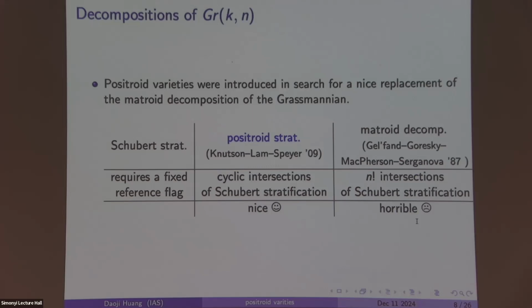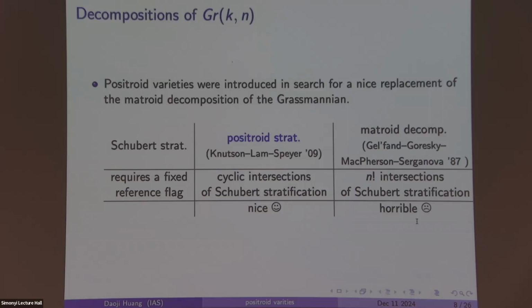The middle ground, which defines the positroid varieties, is in between. Instead of taking all n factorial permutations of your standard flag, I take the cyclic permutations, so I take the cyclic intersections. Now instead of intersecting n factorial different stratifications, I intersect n of them. It turns out that these positroid varieties are much nicer.